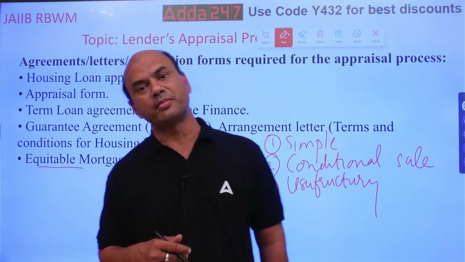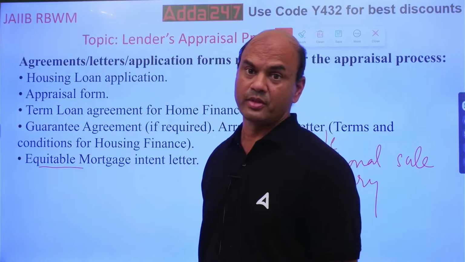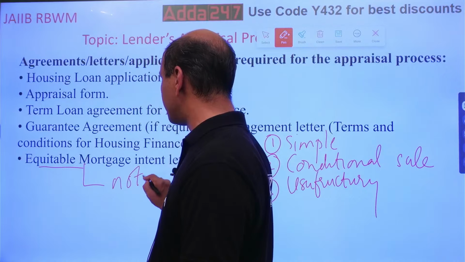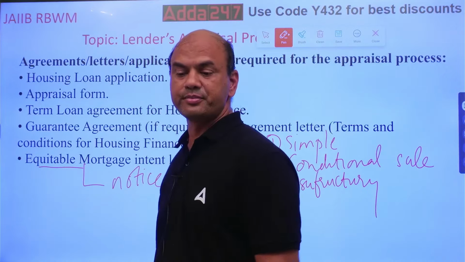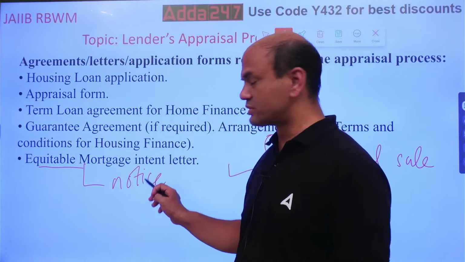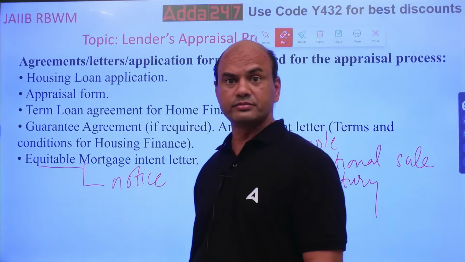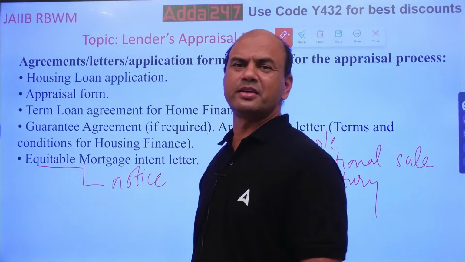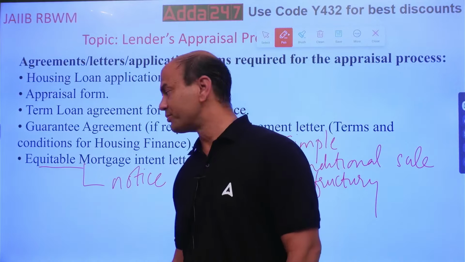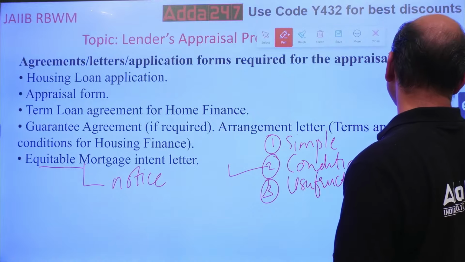But nowadays what has happened is, even if you do equitable mortgage, you have to give a notice of equitable mortgage to the registrar office for the month, complete 1 month. Whatever mortgages have happened in your bank, you have to give a notice to this sub-registrar and pay the fees also. Okay? Of course, we take that in the administrative cost and ultimately that fees is paid by the customer only. Okay? So, equitable mortgage, these are the main documents which we take.